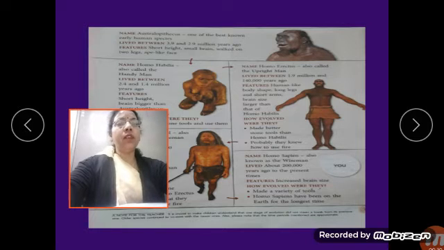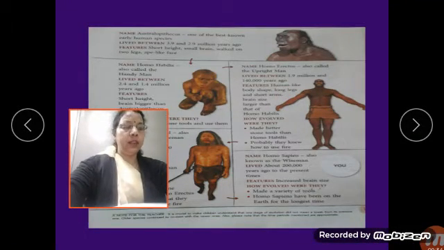So here what we find, children, is that when Australopithecus was there, its brain was smaller. Then Homo habilis has a bigger brain compared to this. Means the brain is developing, and then it developed into Homo erectus. Their brain was quite a bit bigger, and they were more intelligent than Homo habilis.